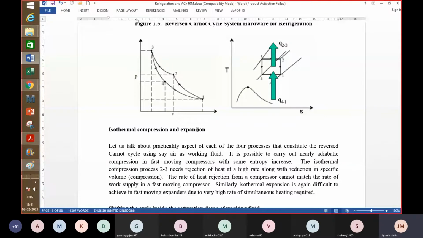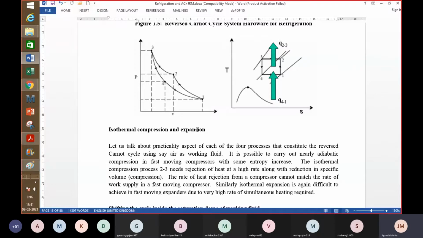Whether there is a rotor or a piston, it is always a fast moving device, and the reason we make it move fast is that we want to carry out that process in a very small volume. So the circulation rates are very high, and for that you make that rotor or piston move very fast. Now while you do that process very fast, there isn't enough time and enough surface area available for heat to escape.